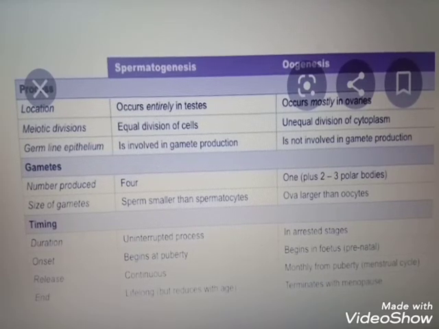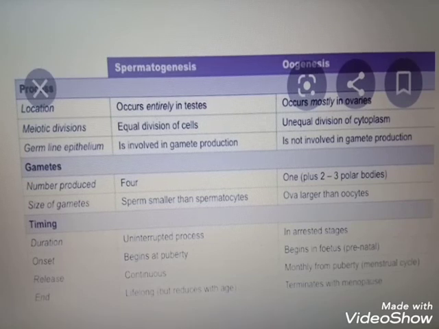Okay, then spermatogenesis is an uninterrupted process. There is no discontinuation of this process, but oogenesis has arrested stages. The spermatogenesis process begins at puberty, but oogenesis begins in the fetus. And spermatogenesis is continuous and oogenesis is monthly from puberty.